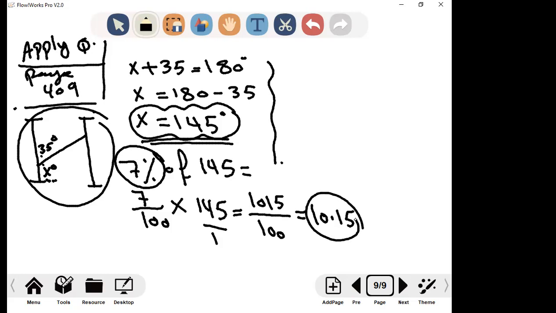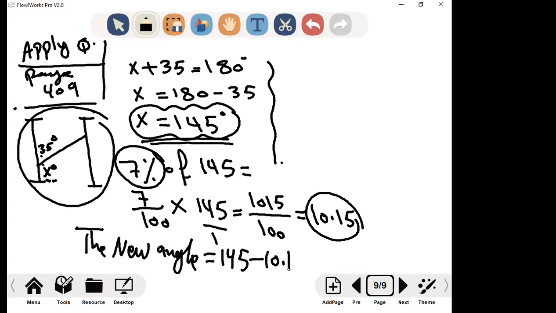What I will do now to know the new angle is subtract the original minus the new, doing less. So the new angle equals 145 minus 10.15. This equals how much? 135 point what? 50?